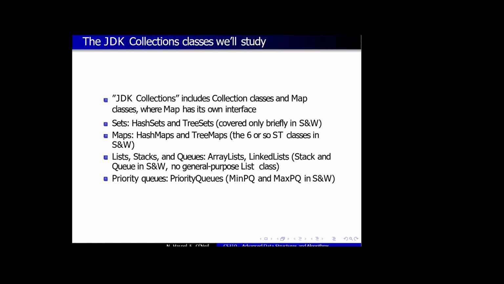And so it just has to have its own interface. So for sets, we have hash sets and tree sets. And for maps, we have hash maps and tree maps. And these correspond to about 6 different classes in the textbook. So it's just amazing that they don't want to give you an interface when they have 6 different cases of almost the same API.